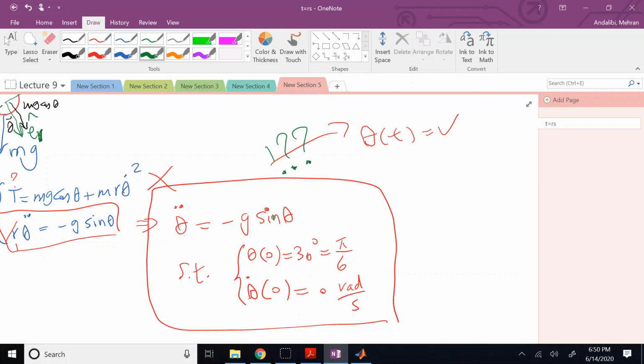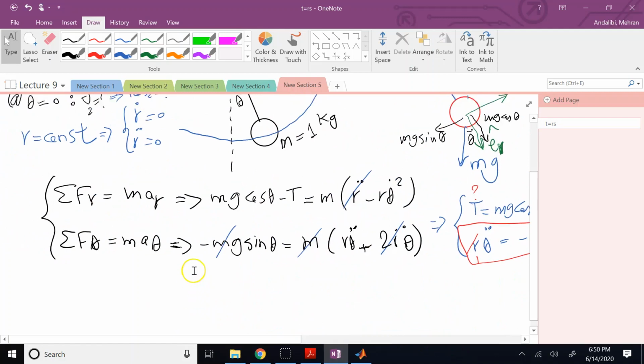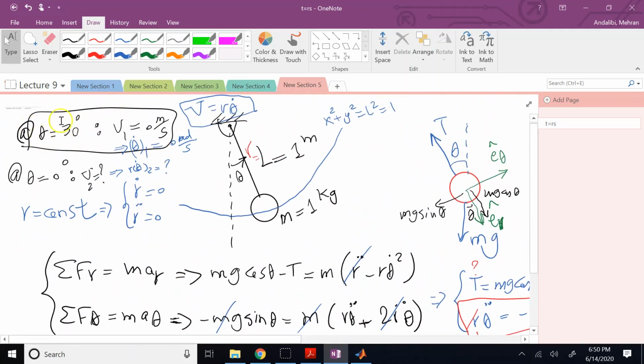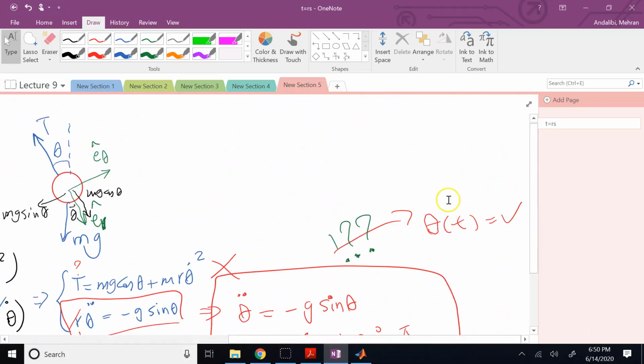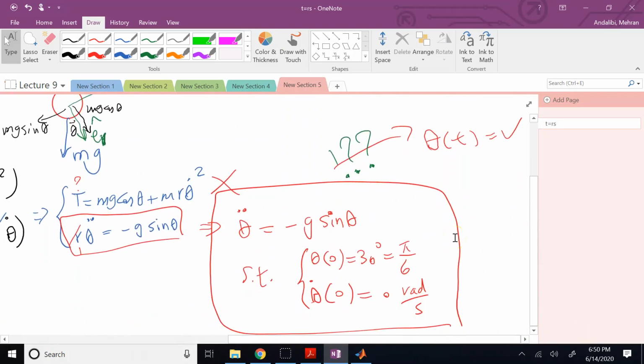So what do we do? Well, did anybody ask me to find the time and then plug the time into something? No. The problem only involves position, velocity, and forces, and no time is there. So instead of this theta double dot, I use what? The time independent version of it. And I write it as theta dot d theta dot over d theta, right?